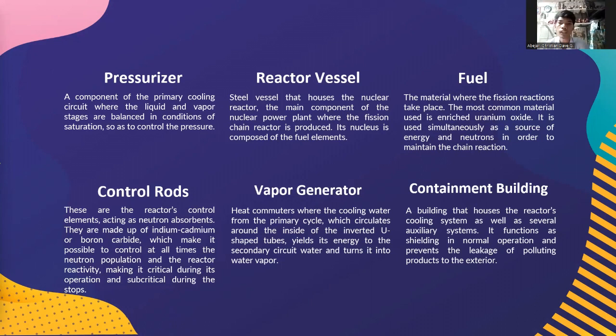The next we have is control rods. These are the reactor's control elements acting as neutron absorbers. They are made up of indium, gallium, or boron carbide, which make it possible to control at all times the neutron population and the reactor's reactivity, making it critical during its operation and subcritical during the stop.